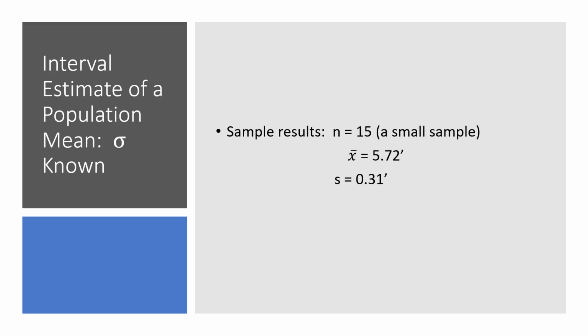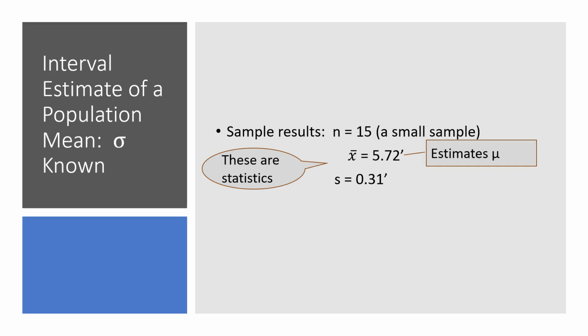So when I'm looking at this, the sample results, n equals 15, which is a small sample. X bar is our sample mean, and S, these are all what we call statistics because they describe a sample. And the values for our statistics are our estimates.